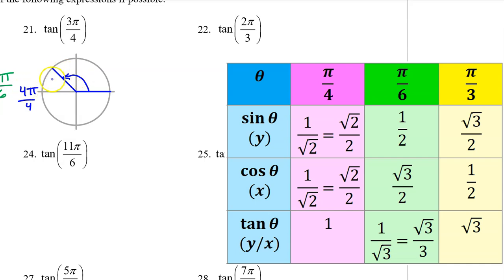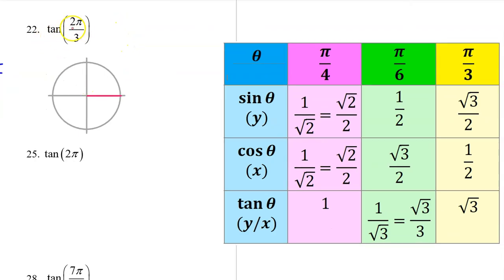We also see that the reference angle is pi over 4. In the second quadrant, the terminal side has a negative slope, so we know that the tangent will be negative. Now consider the reference angle. Since the tangent of pi over 4 is 1, the tangent of 3 pi over 4 will be negative 1.